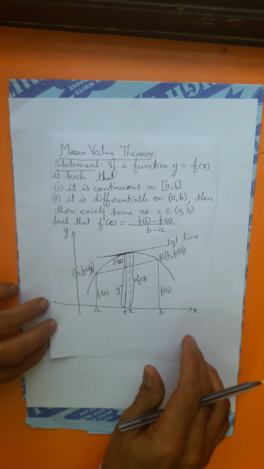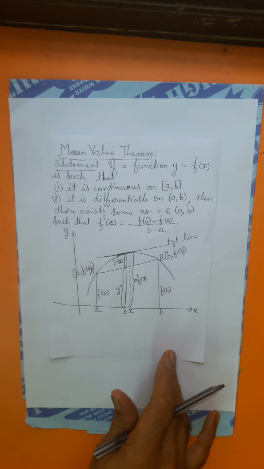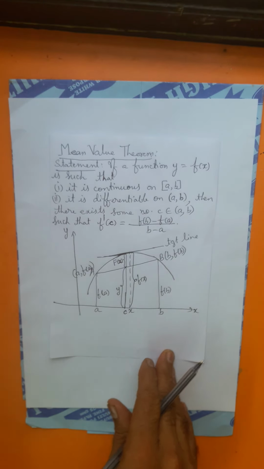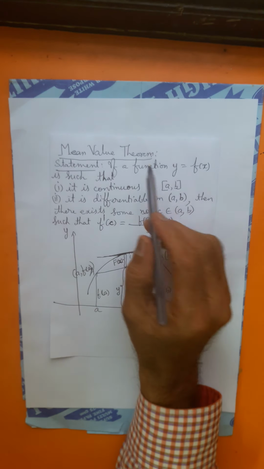Today we will move on to the mean value theorem. Today's work is with the mean value theorem. The mean value theorem you have studied in PUC. Here we are going to prove it.